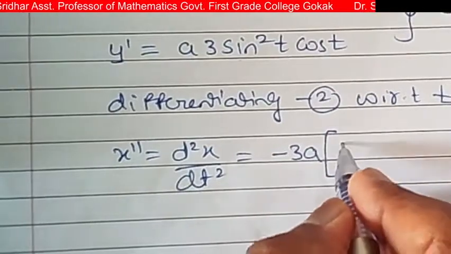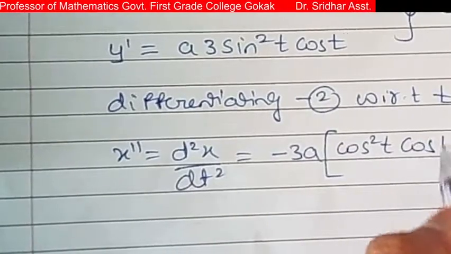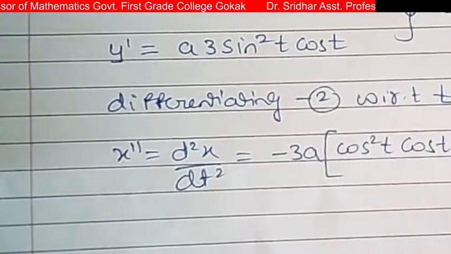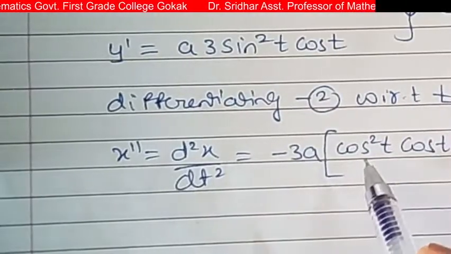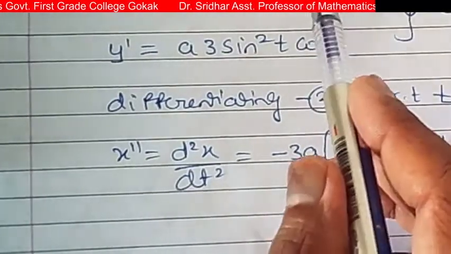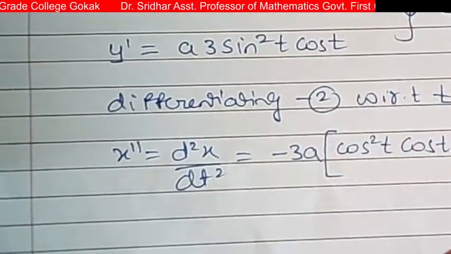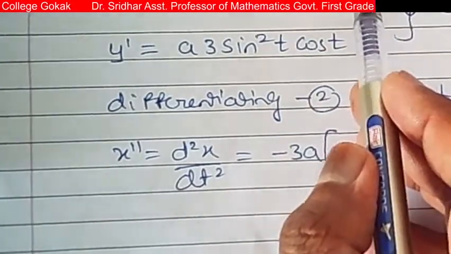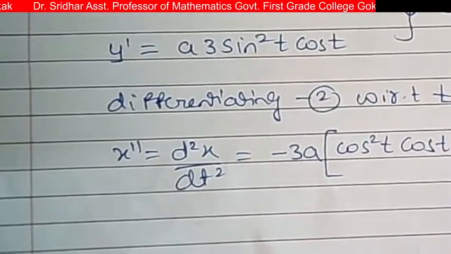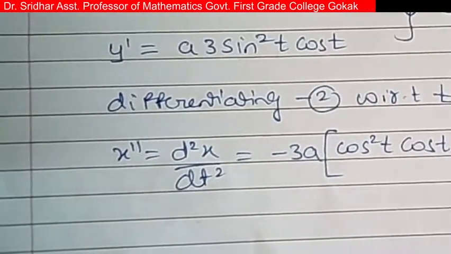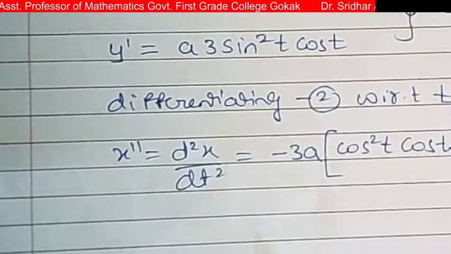Apply the product rule: first function cos square t as it is, then differentiation of sin t is cos t, plus second function sin t as it is, into differentiation of first function, which is 2 cos t into differentiation of cos t, which is minus sin t.